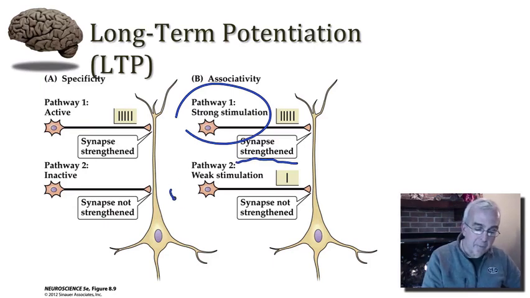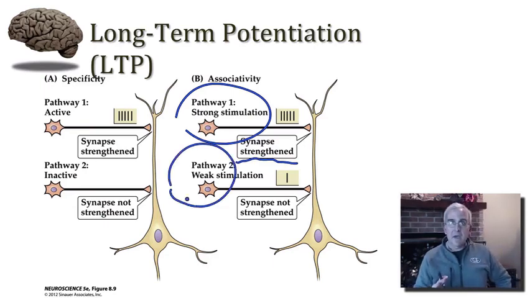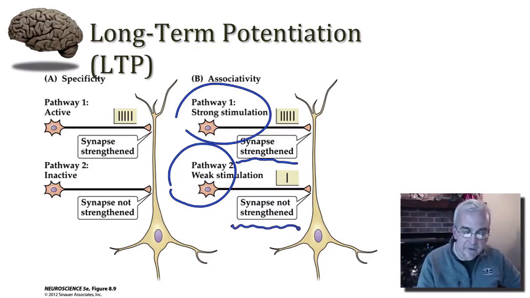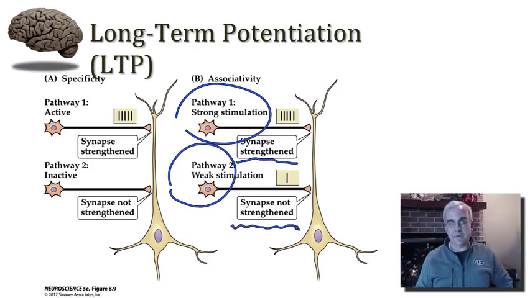Now, the second pathway is weak. That is, it has only a very modest effect on the postsynaptic neuron compared to the first pathway. But if the second pathway, the weak one, is activated concurrently with the strong pathway, then the weak pathway can be strengthened. And this is the principle of associativity.